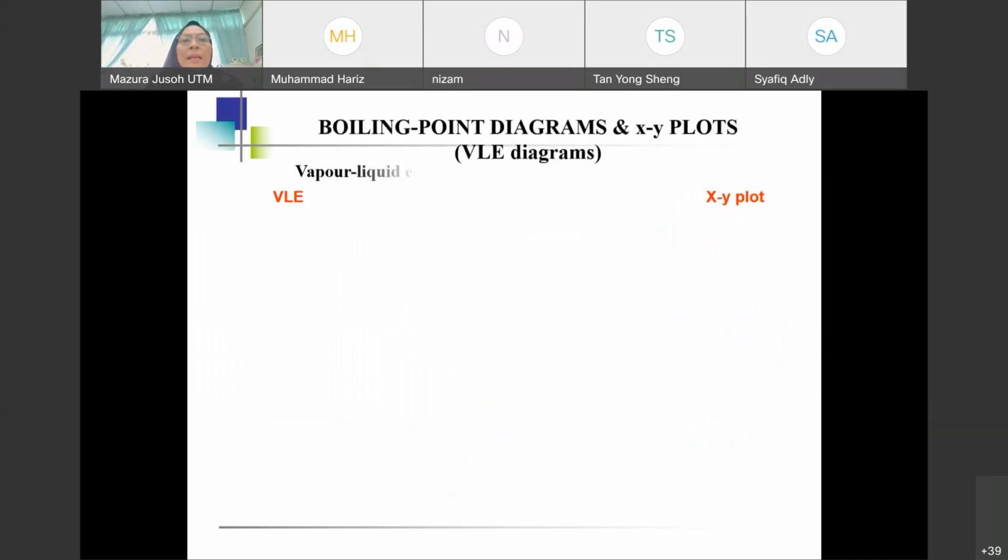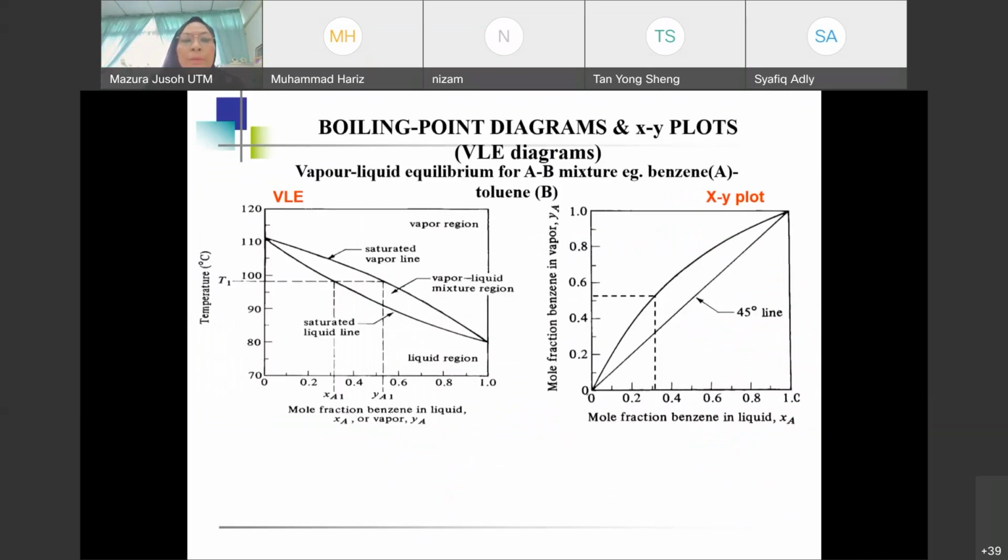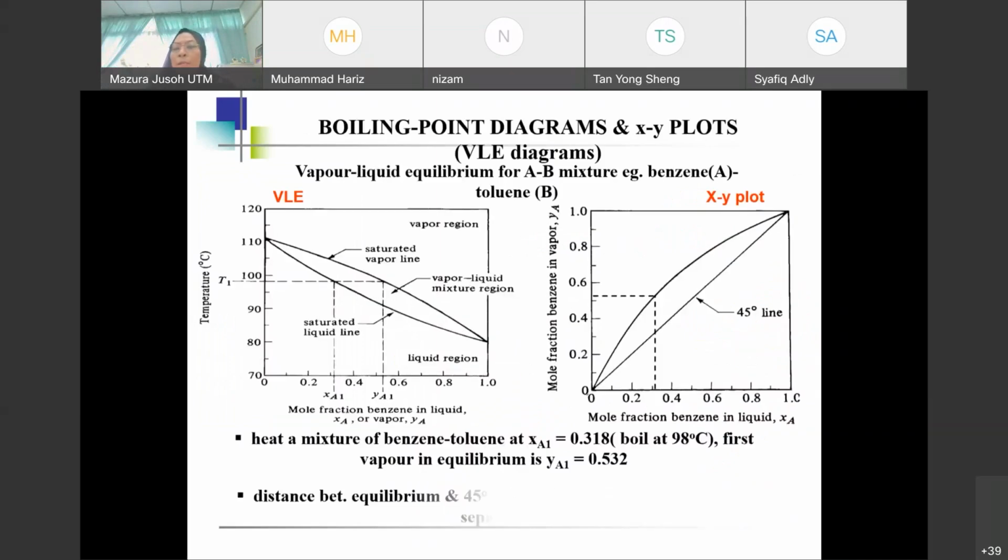let's see now the vapor liquid equilibrium. You have to get to know what is vapor liquid equilibrium. Have you heard about vapor liquid equilibrium before? In any other subjects, have you been introduced to it? Have you been introduced to VLE before? Yes or no?